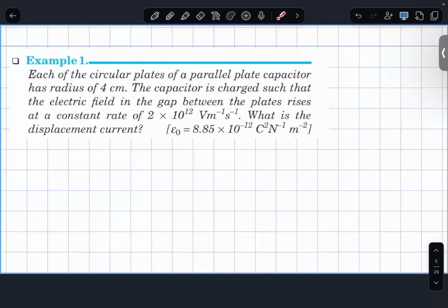Start. Each of the circular plates of a parallel plate capacitor has a radius of 4 centimeters. The capacitor is charged such that the electric field in the gap between the plates rises at a constant rate of so and so.